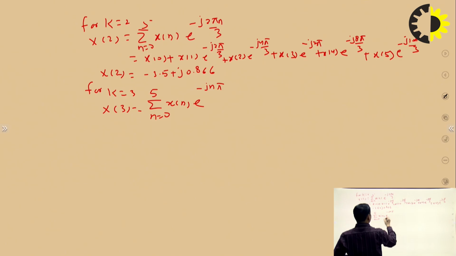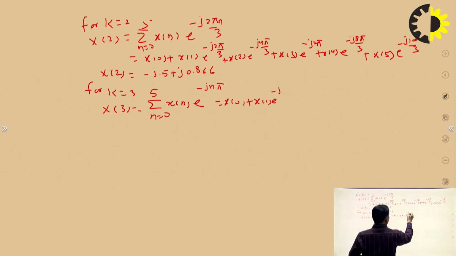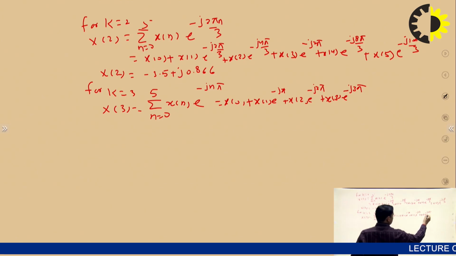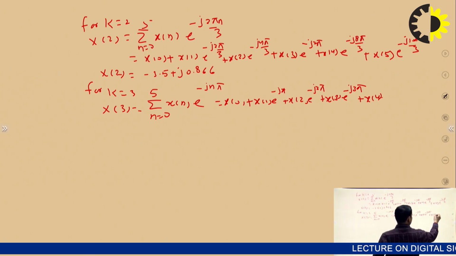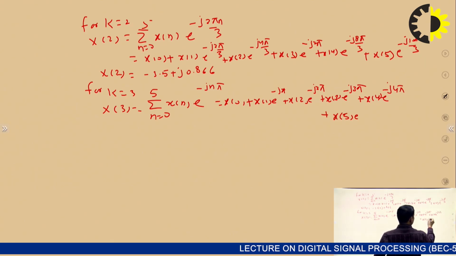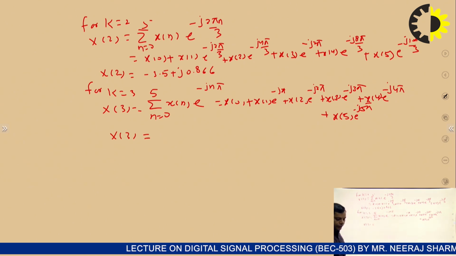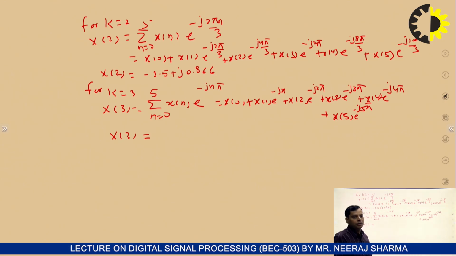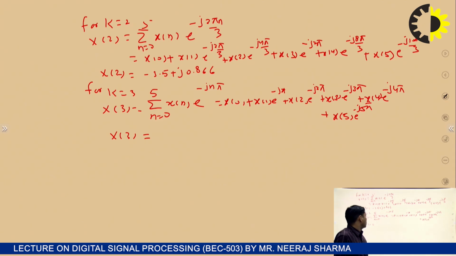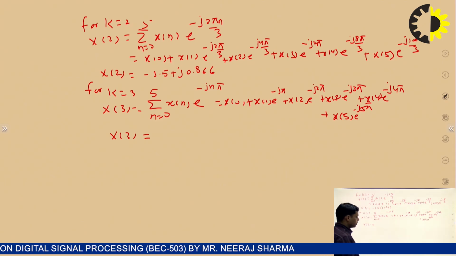Now we will expand it: x0, x1 e raised to power minus j pi, x2 e raised to power minus j 2 pi, up to x5 e raised to power minus j 5 pi. When we solve it completely, the X of 3 value is equal to 0.